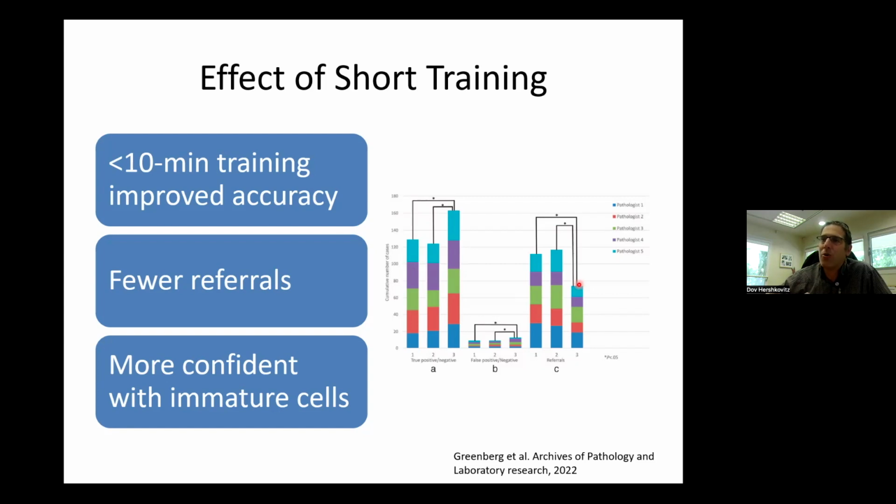Okay, so less than 10 minutes training is something that is reasonable and can make a significant impact on their ability to accurately classify the images that are presented by the algorithm. So this is also something interesting that we encountered during our studies.